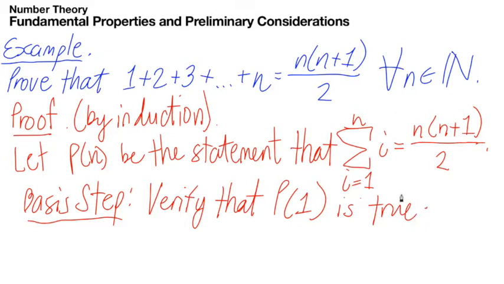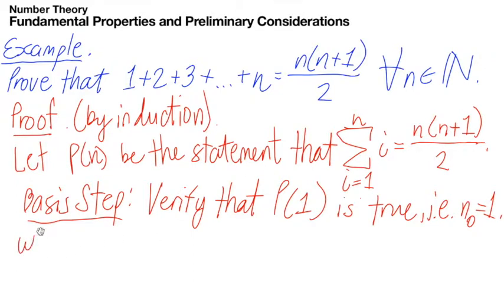So how can we verify that? We say here that our n sub 0 is 1. When n is 1, we will just substitute everything here by 1.